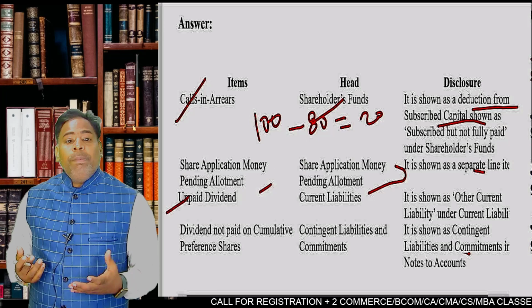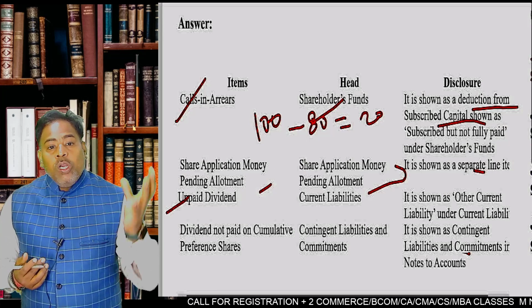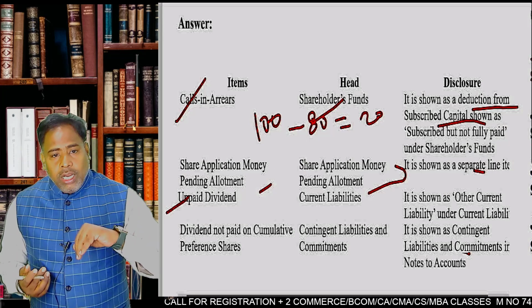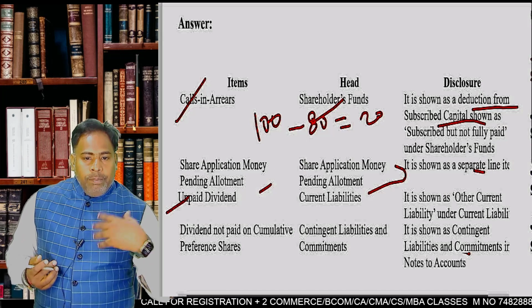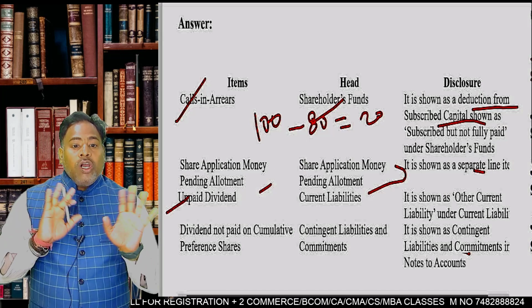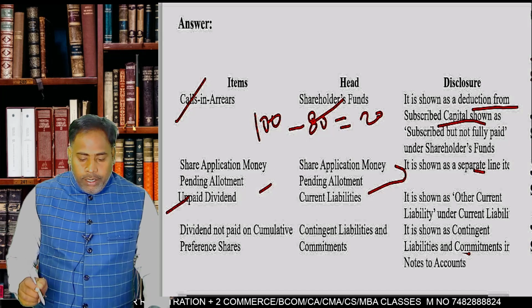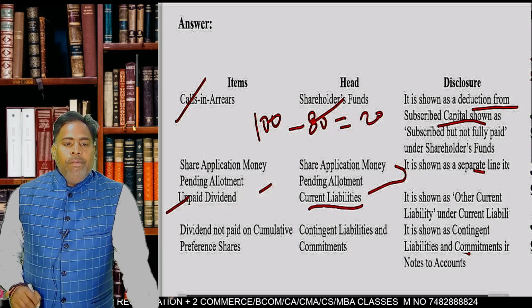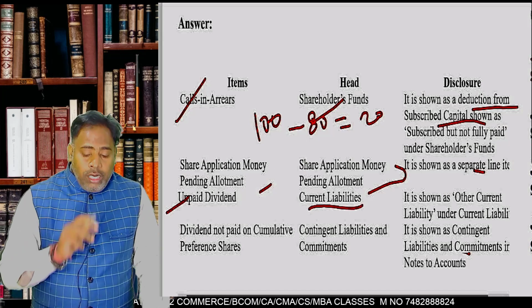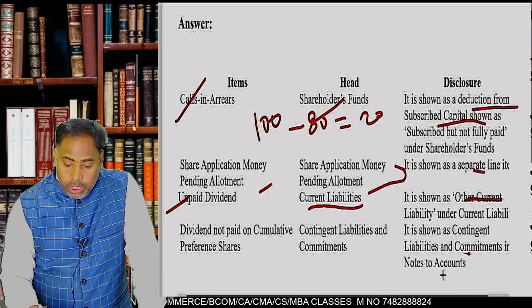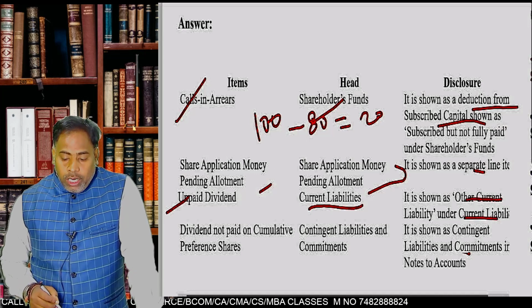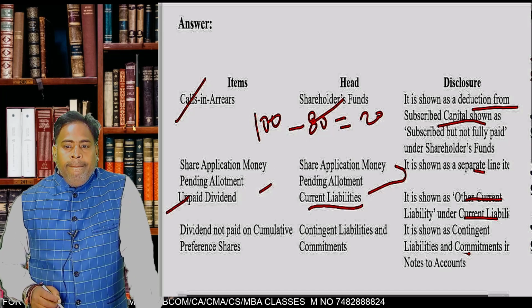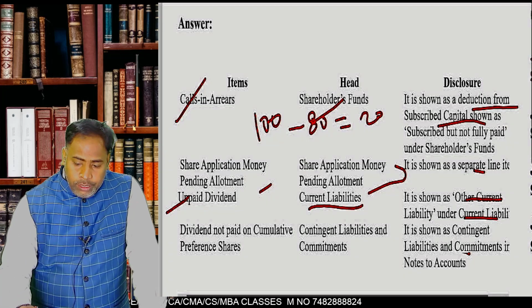So what is unpaid dividend? It is the amount not paid to the shareholders, who are entitled to the dividend but have not got it. So that is a current liability. It is shown as other current liabilities under the current liabilities head. I hope this is clear for you.